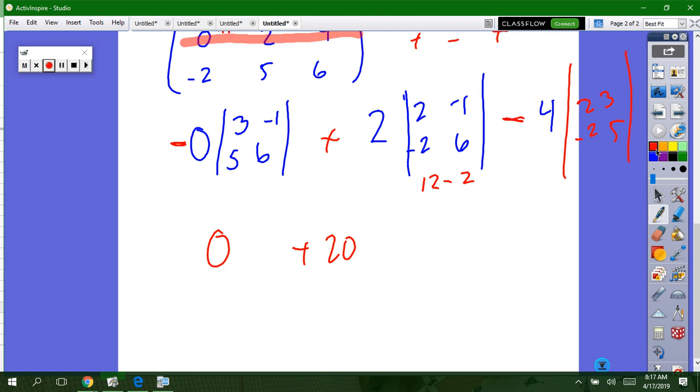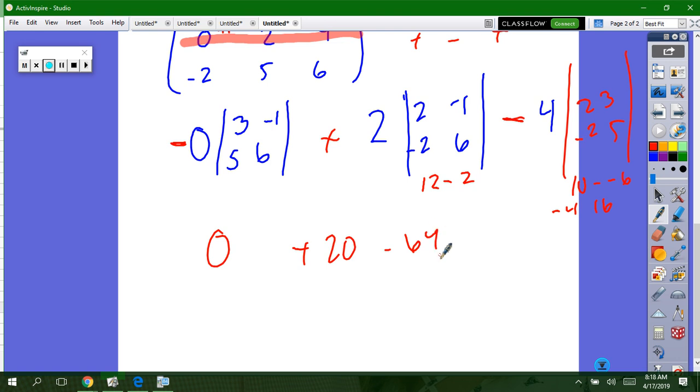This guy right here is 10 minus a minus 6, so that's 16. 16 times negative 4 is negative 64.